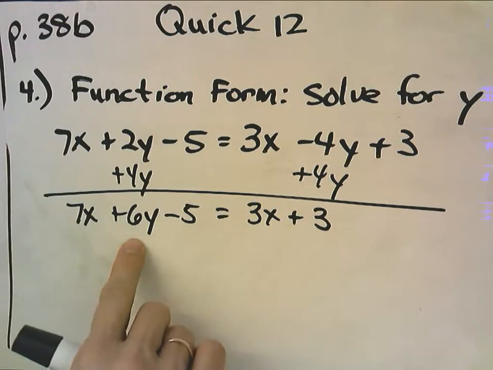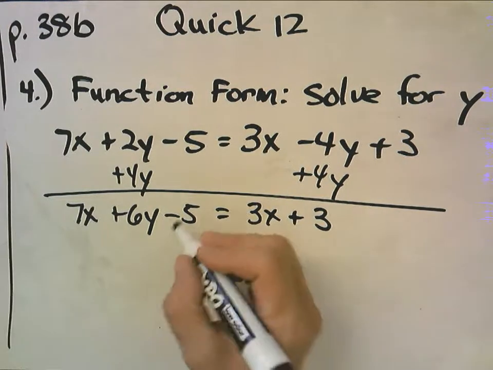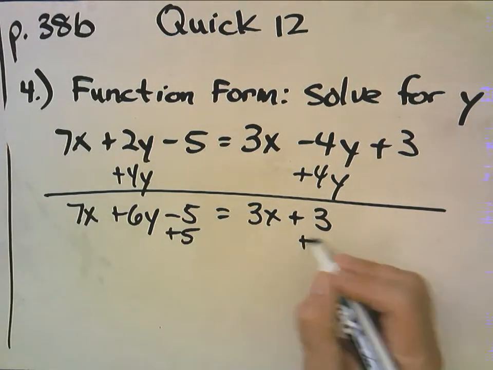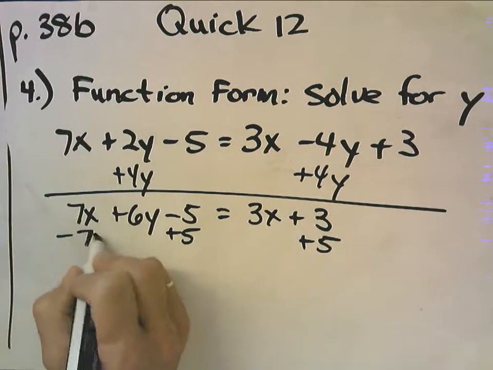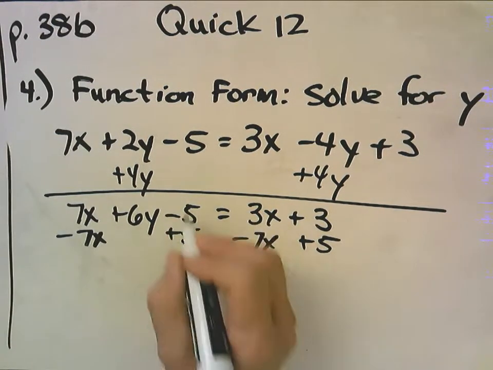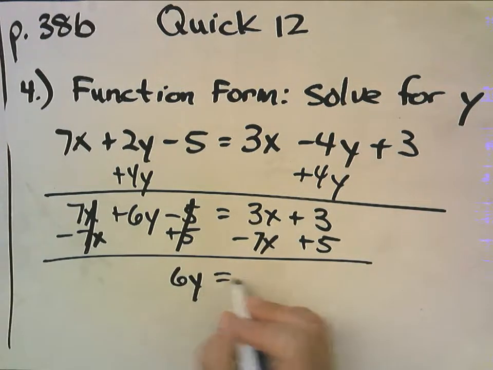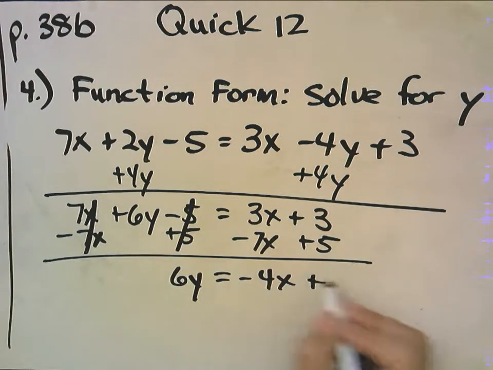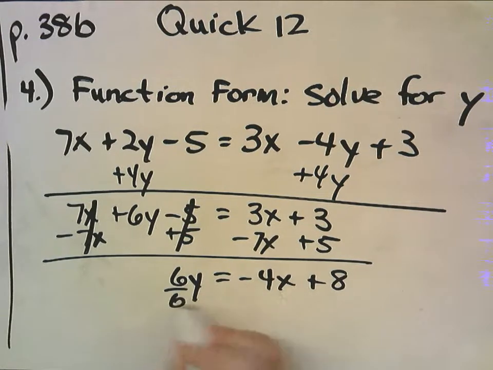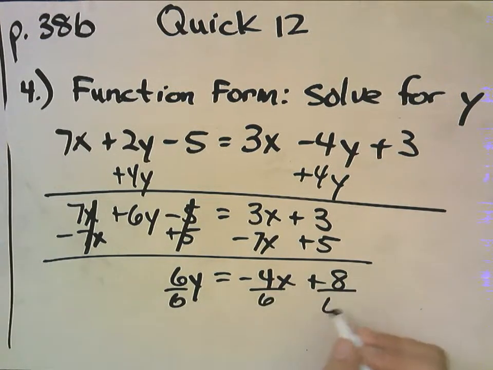Now I want the 6y by itself. So I'm going to add 5, and I'm going to subtract 7x. That goes away, and I get 6y equals negative 4x plus 8. Now I'm going to divide by 6, divide by 6, divide by 6.